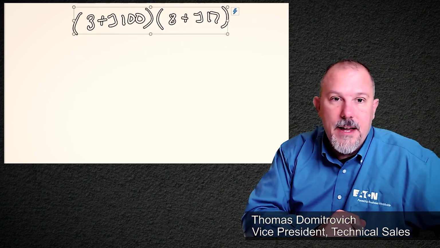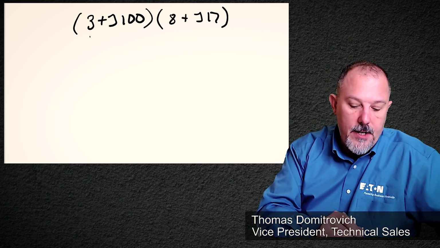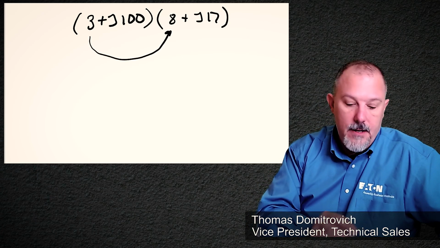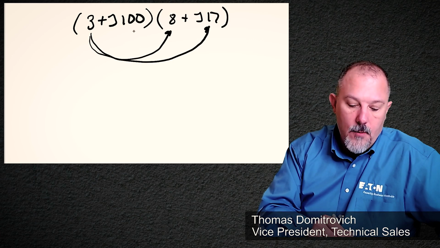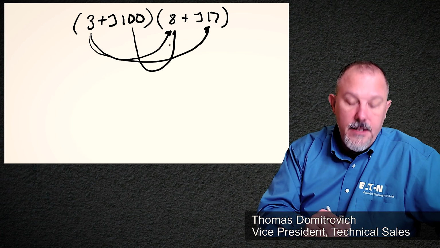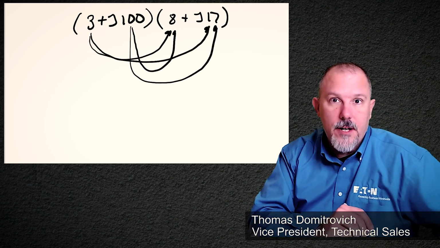I'm going to multiply these two numbers together. To do that, I take 3 times 8 plus 3 times J17, and then 100 times 8 plus 100 times J17, or J100.